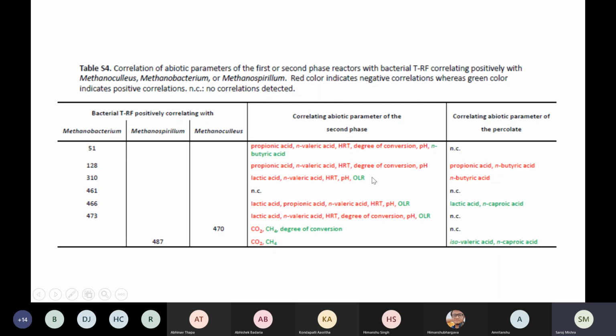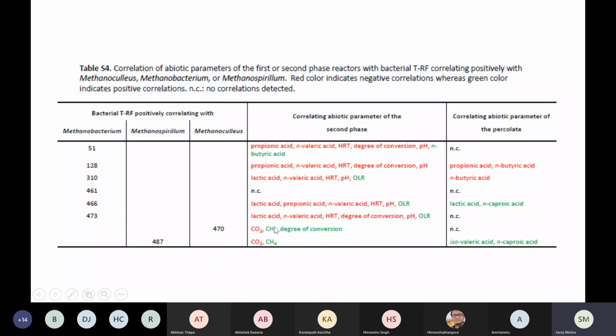Okay, so overall, it gives you a very good idea that finally Methanobacterium, that is Methanocoelius, is positively correlated to methane production and degree of conversion, and conversion is related to CO2. So if there is too much of a buildup of carbon dioxide, then chances are that the concentration of these microorganisms will fall low, and eventually the methane yield is going to be compromised.